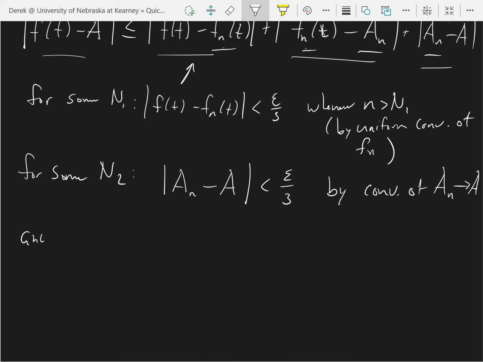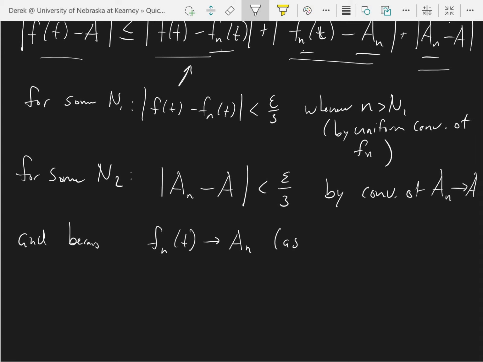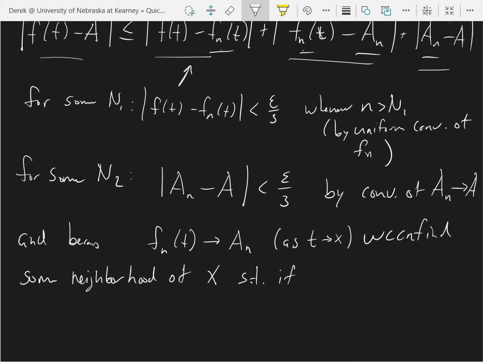And because f sub n at t converges to a sub n as t goes to x, we can find some neighborhood of x such that if t is in this neighborhood of x, then the absolute value of f sub n at t minus a sub n is less than epsilon over 3.